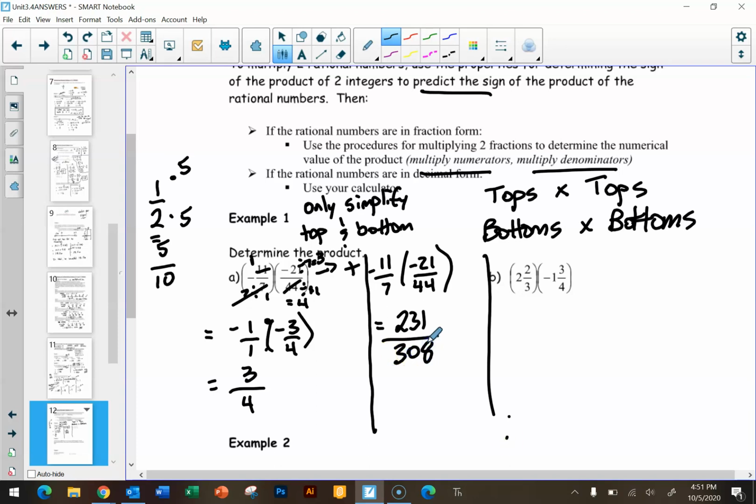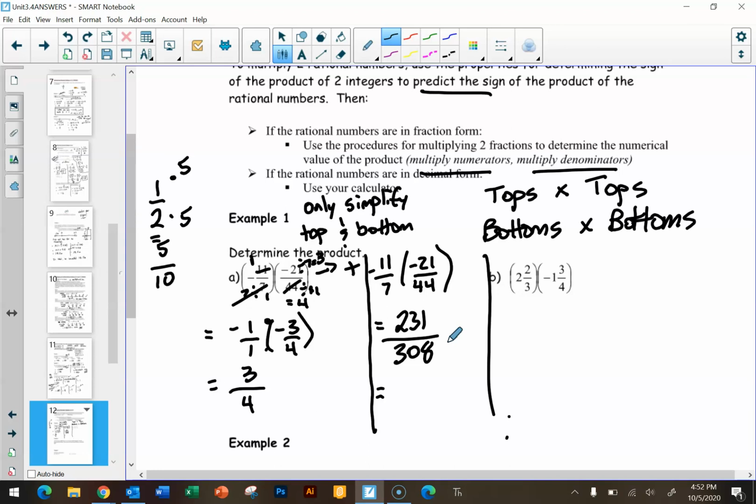Now, that does not look like a very nice number, but as it turns out, if we did this one right over here, it should equal 3 over 4 when we reduce it. So what are we dividing out of both of these numbers that's going to make our life easier? It's going to be a big number. We can just start by dividing by, I don't know, what goes into 231 nicely? 6?